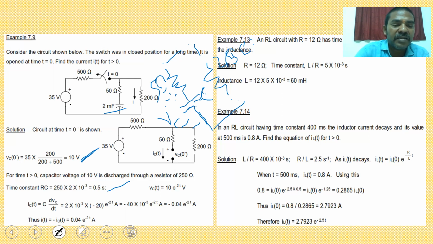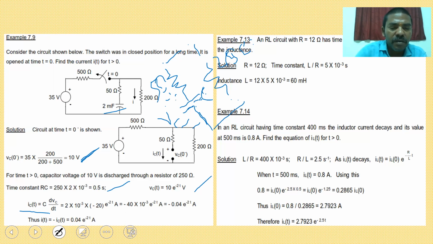So the voltage drop across the capacitor is equal to 10 into e power minus 2t. Here t by 0.5 can be represented as 2t. Then the current flowing through the capacitor is equal to C into dVc by dt. After differentiation, 2 into 10 power minus 3 into minus 20 e power minus 2t.